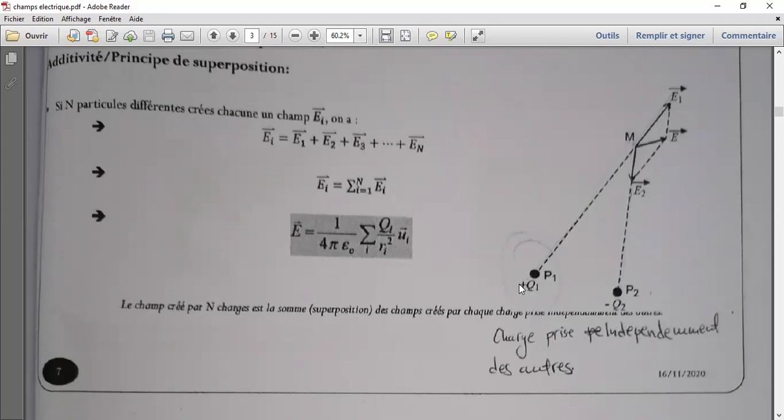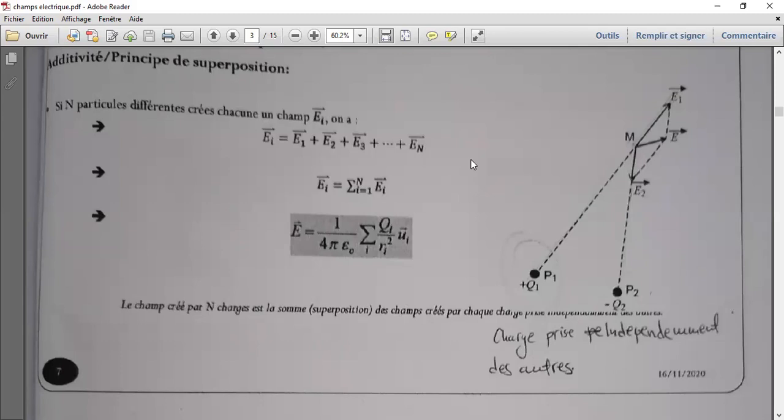Then here, negative Q2 and M, since this is a negative charge and we have said M is positive, you see the champ coming inside, there's an attraction taking place. So for me to calculate the total champ, I have to add this one plus this one. That's where the additivity or the principle of superposition comes in.